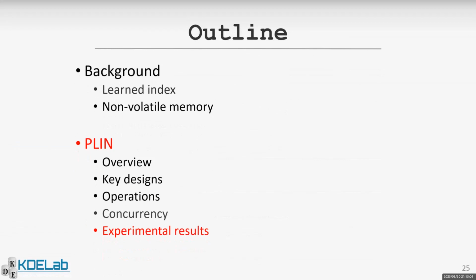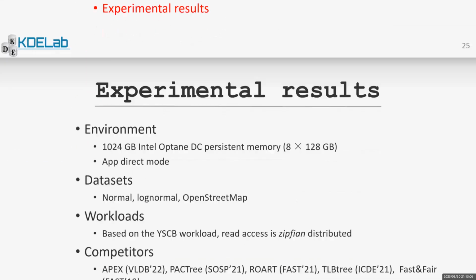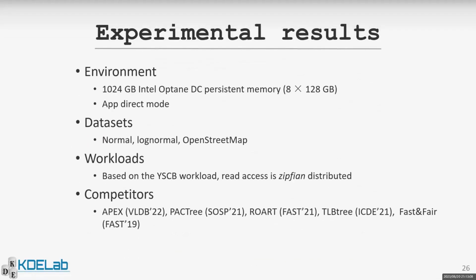Finally, the experiment results are presented. Our server is configured with 1 TB NVM. The experiment uses a public map dataset, and the workloads are based on the YCSB workloads. The comparison indexes include 5 NVM-oriented indexes called Apex, PackTree, ROART, KLB-tree, and Fast and Fair.